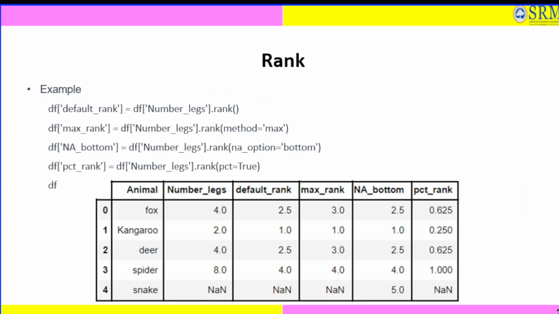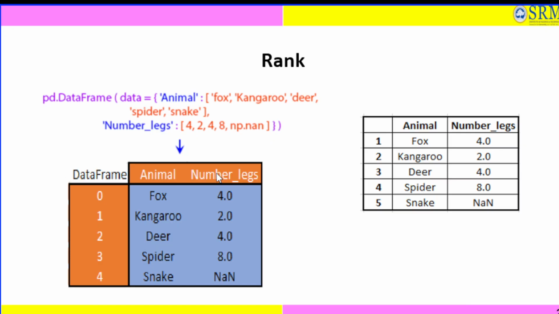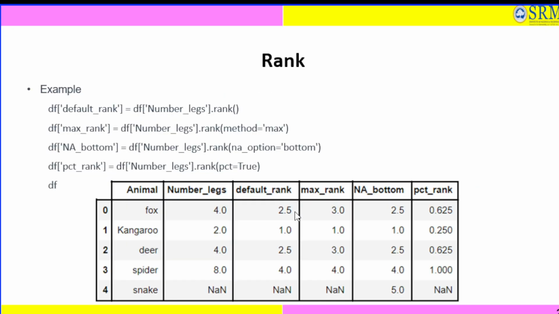Here we are going to rank based upon the number of legs the animal has. The number of legs is given in this particular column. So use the field name dot rank, and this is the default rank. When you call rank without any parameters mentioned, it is called the default rank. Whenever you have a parameter method equal to max, it is going to give the max rank.